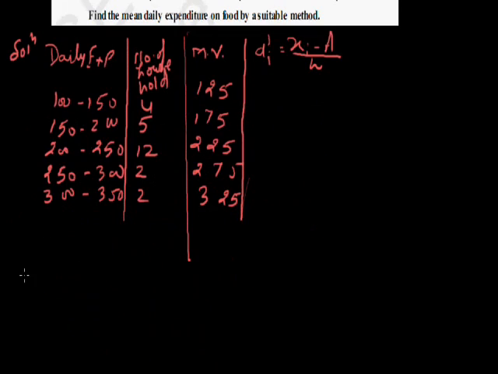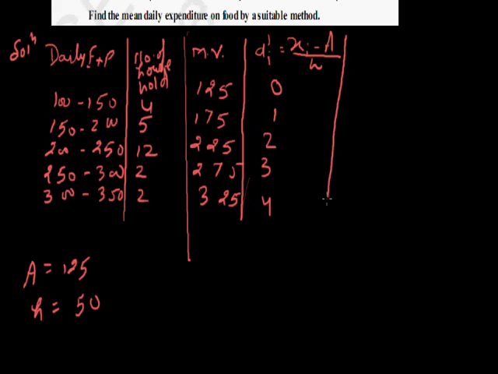In this question I have considered a as 125 and h as 50. Now we get 0, 1, 2, 3 and 4.